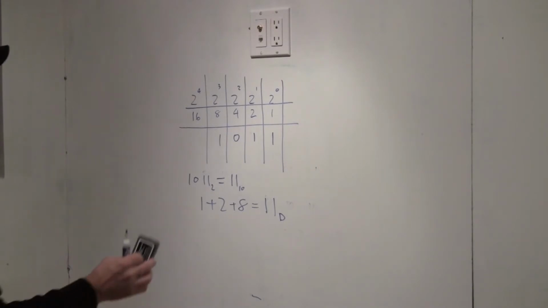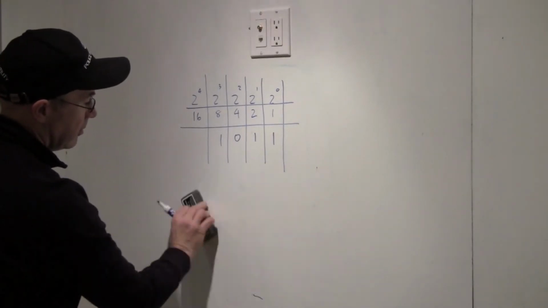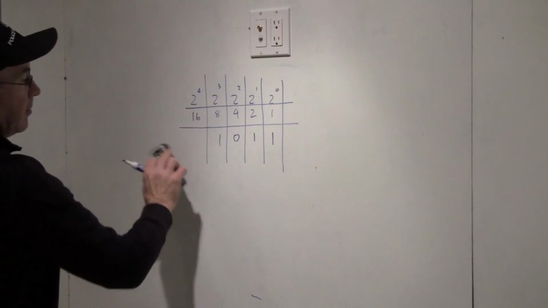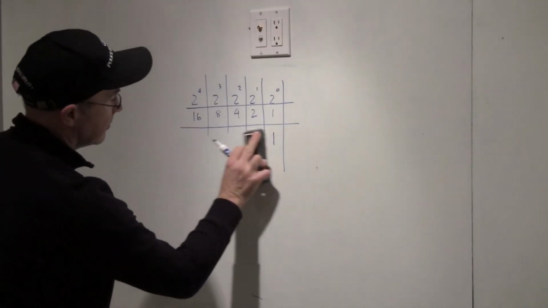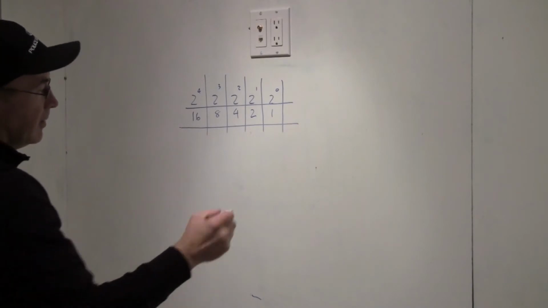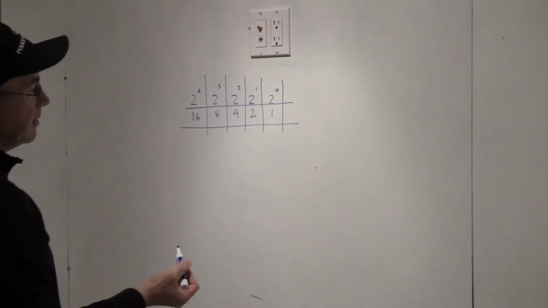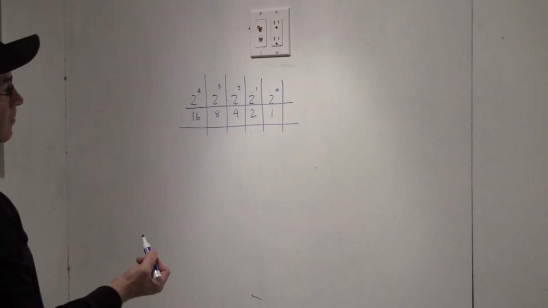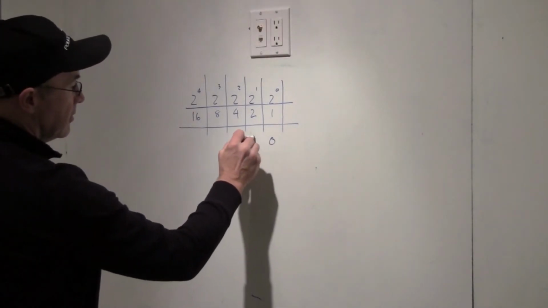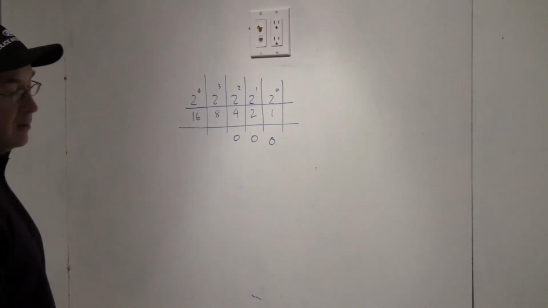If you want to try some more, let's do a counting exercise. So I'll keep this up here, and we'll count 0 through 8. You need 3 digits to do that. So 0, of course, would be 0, 0, 0.